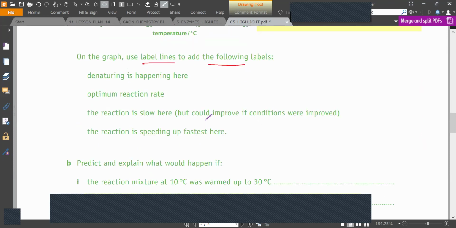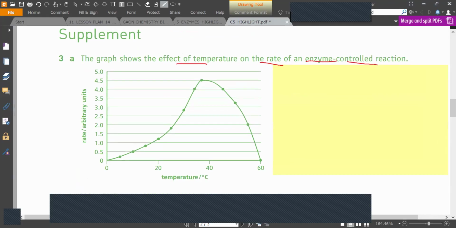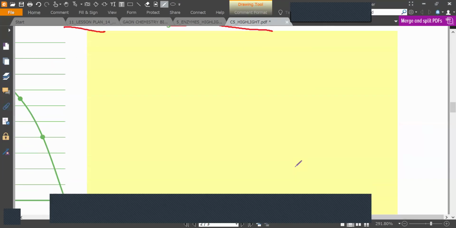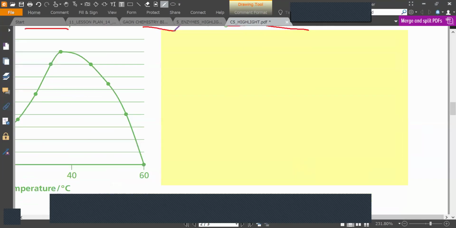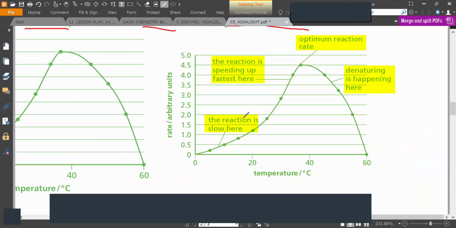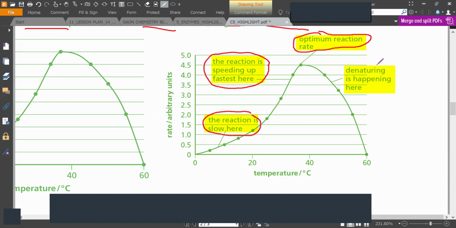It's very straightforward, easy. This is what we expect to label. The reaction is slow here, and the reaction is speeding up fastest here. Here will be the optimum reaction rate, which is the fastest. And here, denaturing is happening when the temperature is too high.